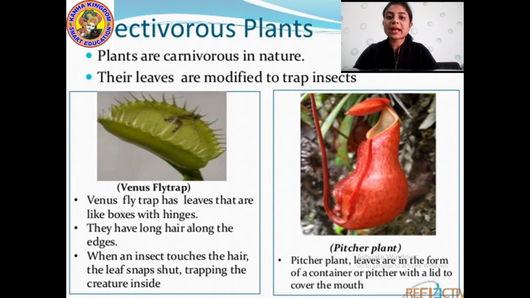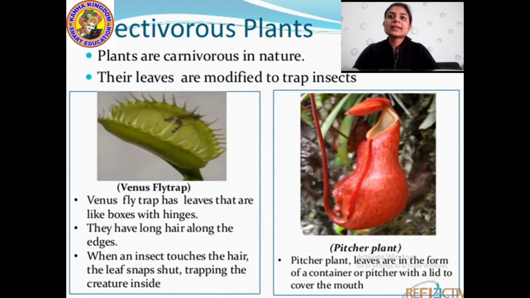Now what do you mean by insectivorous? Insectivorous means that these plants are carnivorous in nature. That means they eat insects, like mosquitoes, beetles, and small butterflies.